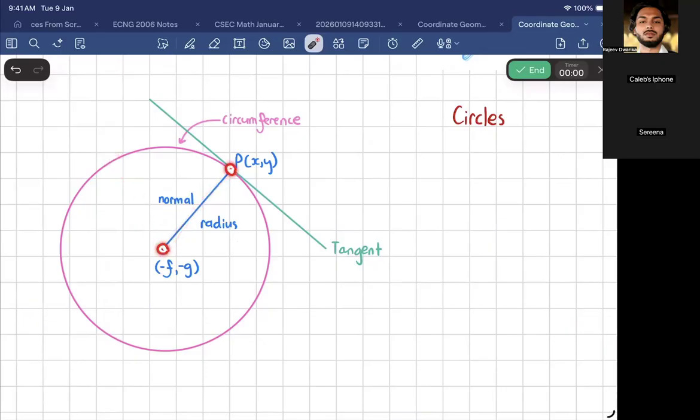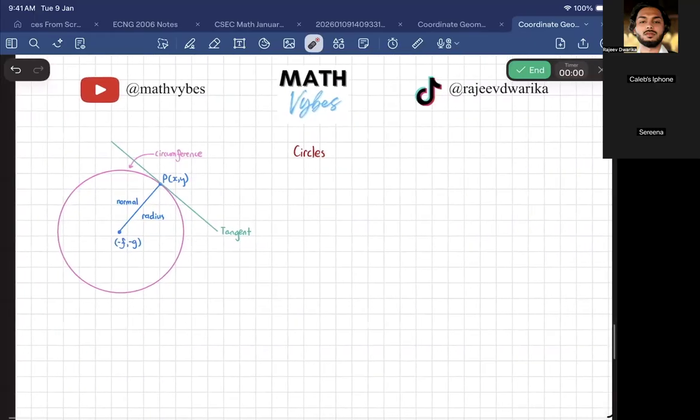It's sometimes also called the normal. Now, if you have a line outside of the circle that touches the circumference at one point, it's called a tangent. It effectively grazes the circle. And this is a point that is on the circle itself, given by x comma y.